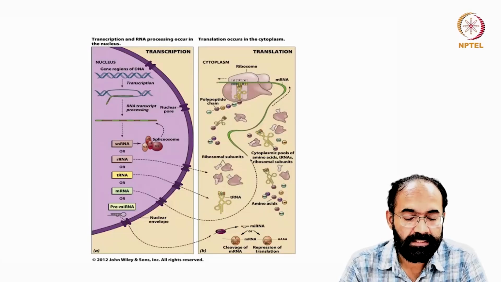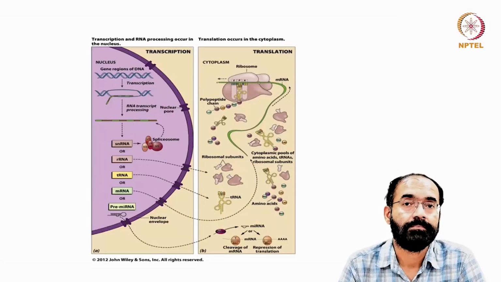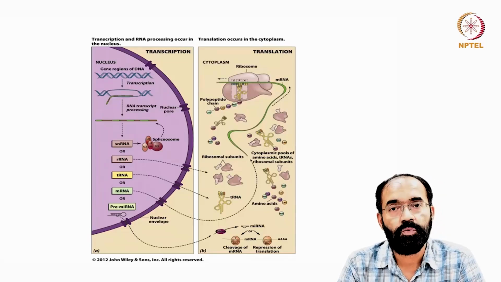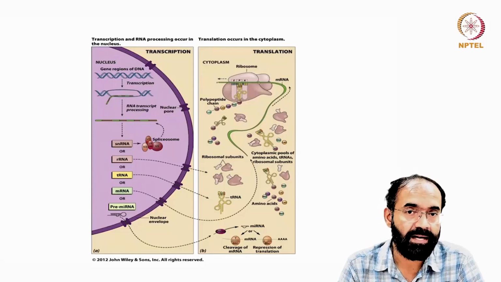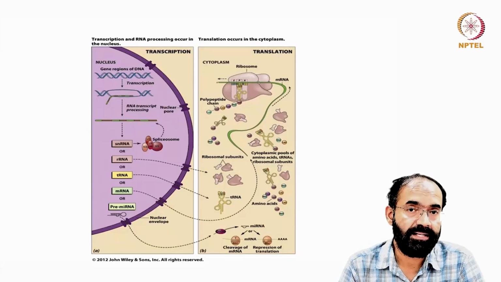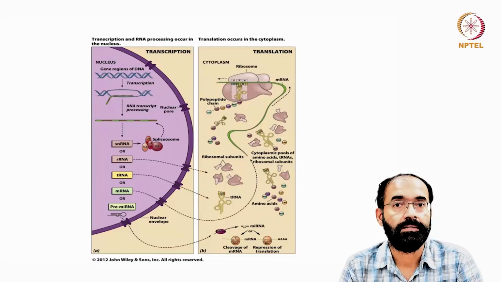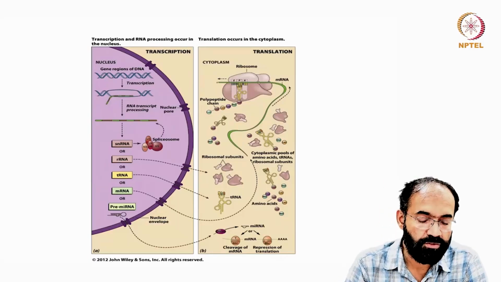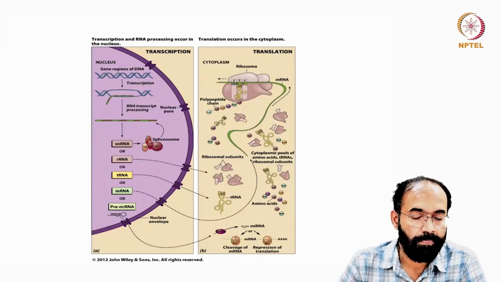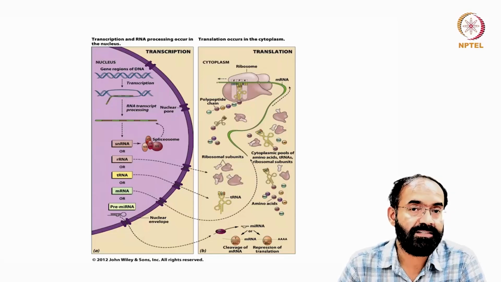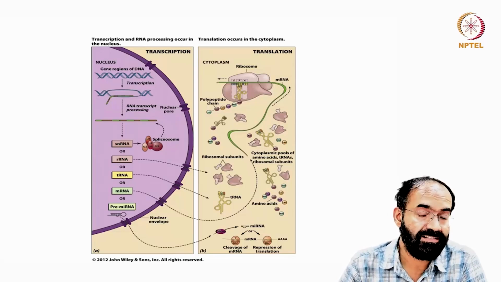And the transcription takes place in the nucleus. So in a eukaryote, there is always a clear-cut nucleus that demarcates the genetic material from the rest of the environment, that is the cytoplasm. So in the nucleus, you have a double-stranded DNA, and one of the strands acts as a template strand, and this is a complementary strand or antisense strand to the top existing sense strand.